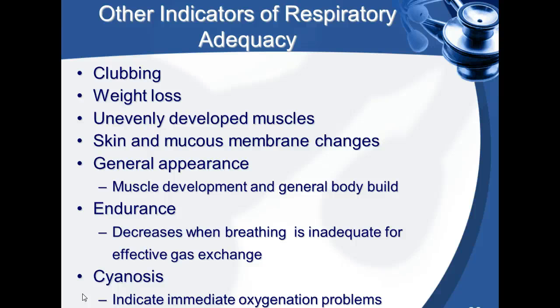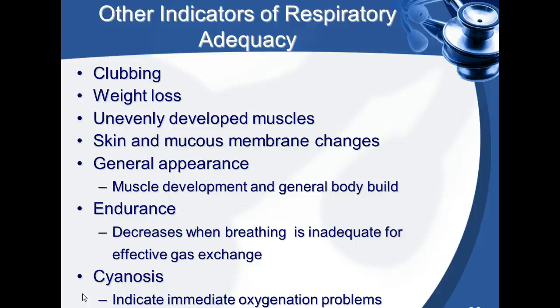Also, weight loss. They tend to have weight loss because people who have large respiratory problems tend not to eat like you would be accustomed to seeing. Then unevenly developed muscles, skin and mucous membrane changes. They'll have changes in general appearance, muscle development, and general body build.